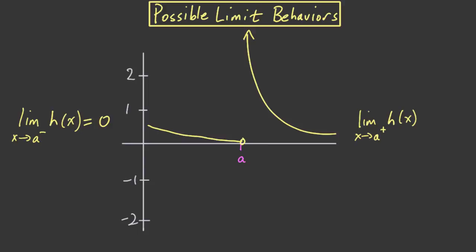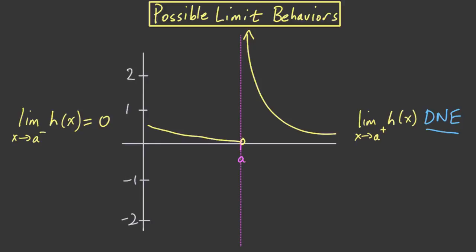So its graph would have had this sort of vertical asymptote as we come in from that side towards A. So in this case, when h doesn't approach any particular value coming in from this side, we say that the limit does not exist. And we'll always write DNE for does not exist. So that's one way in which a one-sided limit might not exist.